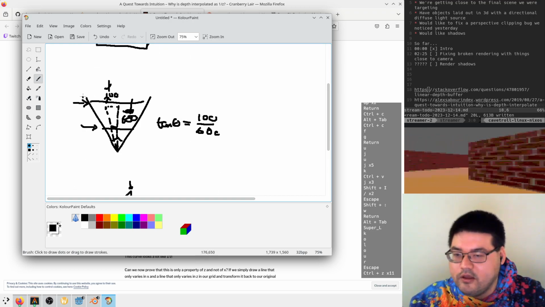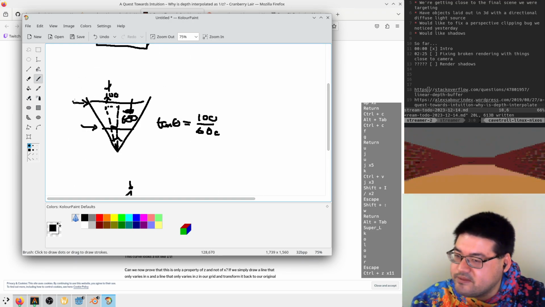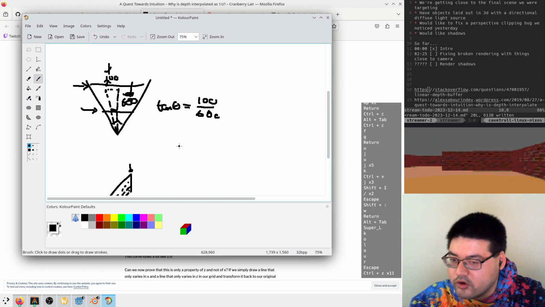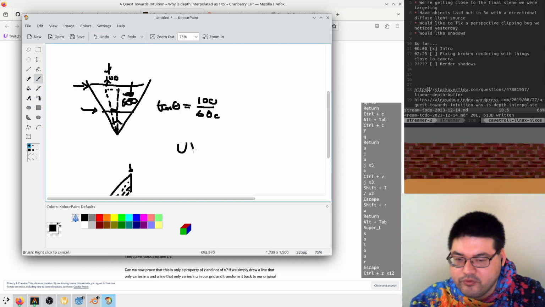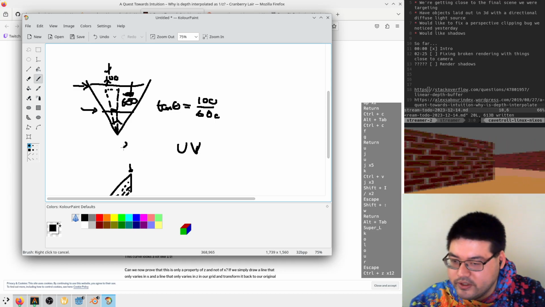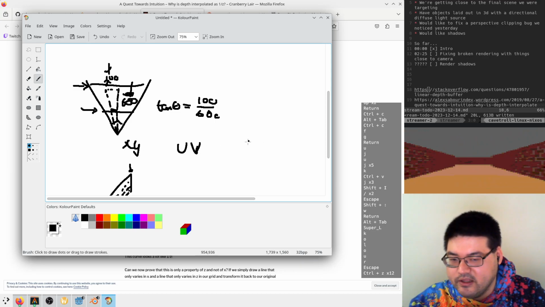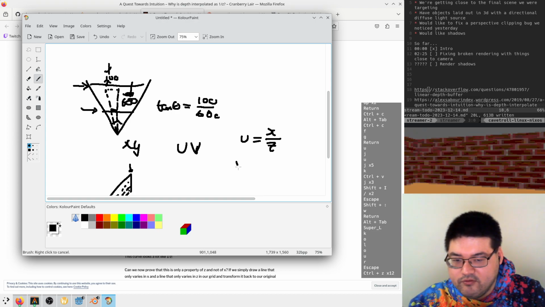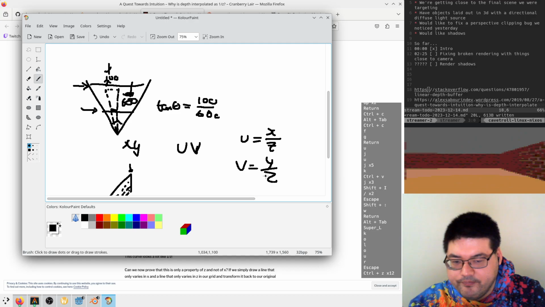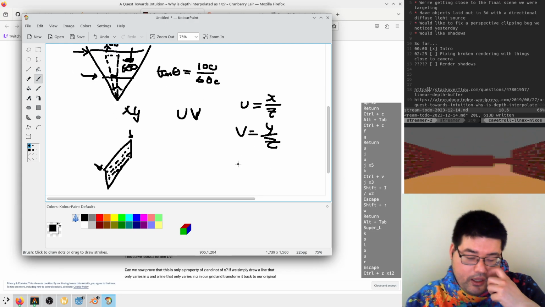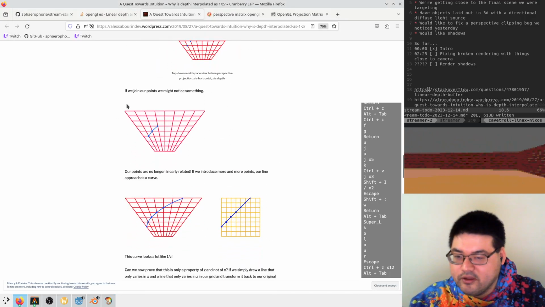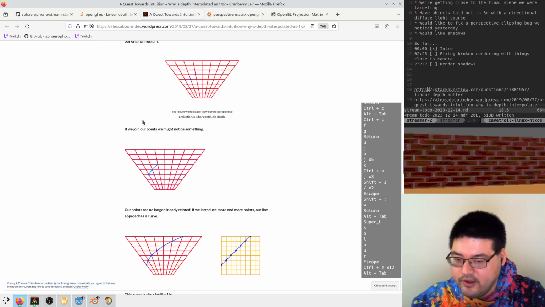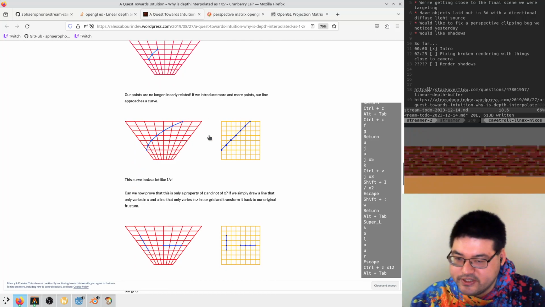Here, when we're doing our X mapping, we call the new coordinates U and V, where the world ones are X and Y. We essentially said that U is equal to X over Z and V is equal to Y over Z. If we do that, we get this warped grid shoved into this yellow grid.